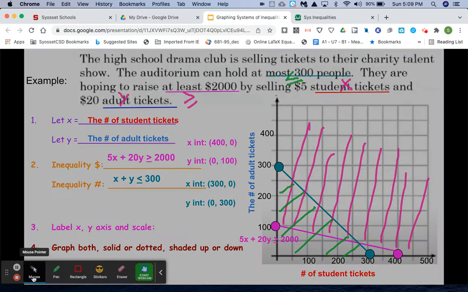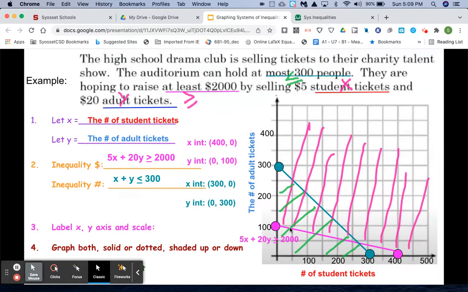And there it is. I, of course, want to label this. So again, someplace that's not in the way, I label x plus y is less than or equal to 300.